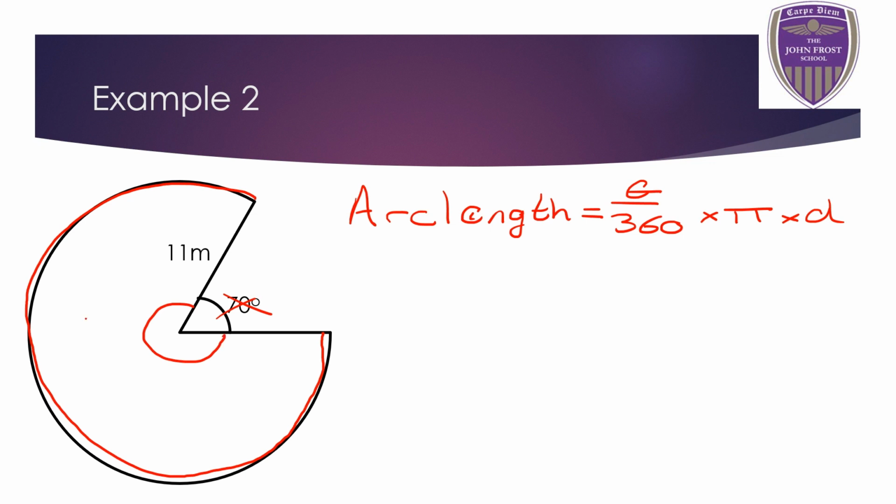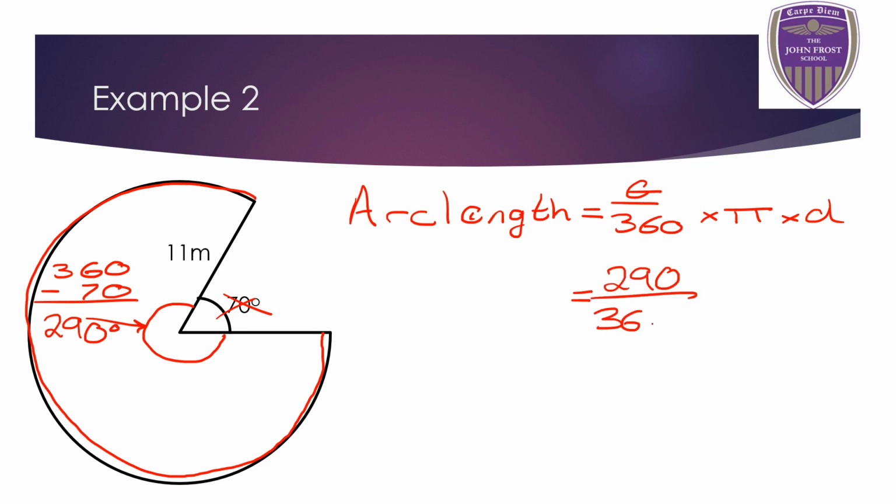And the way we figure out that angle is 360 take away the 70 degrees that we've got, okay? Which should give you 290 degrees. So for our arc length, we're going to be doing 290 over 360 times pi times, remember, we're not going to use 11, we're going to use 11 times 2, which is 22.